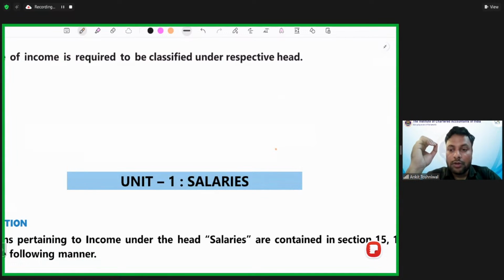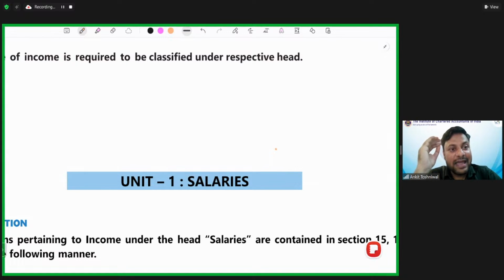The remuneration received from the employer, Pranav said. Government salary. Okay, let me explain first.